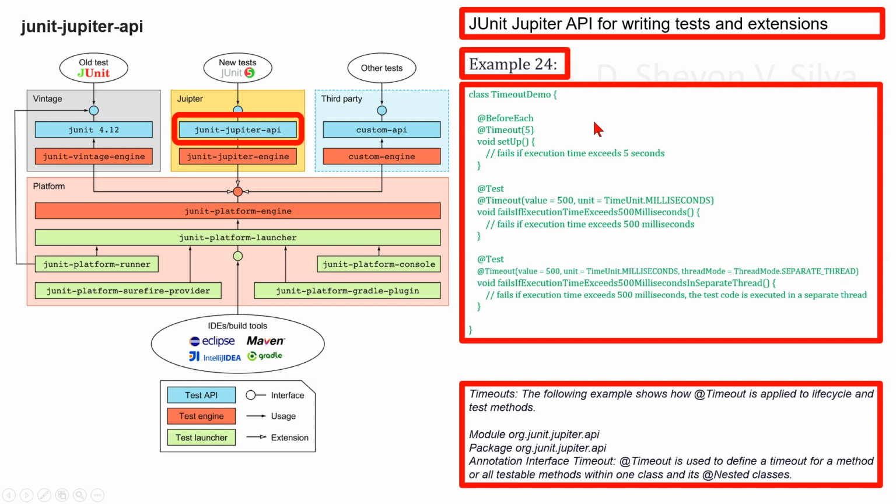If @Timeout is present on a test template method, for example @RepeatedTest or @ParameterizedTest, each invocation will have the given timeout applied to it. Fail if the execution time exceeds 5 seconds. Fail if the execution time exceeds 500 milliseconds.